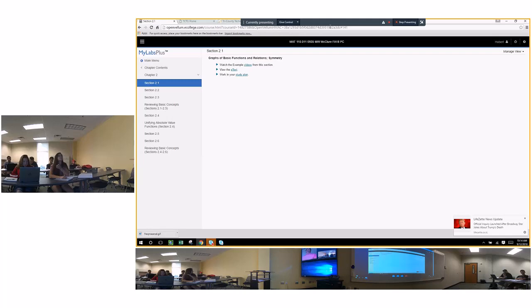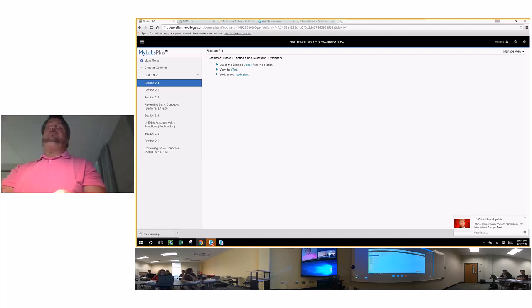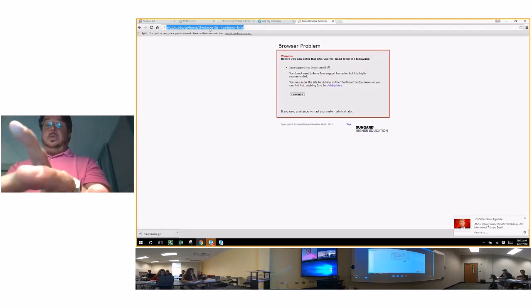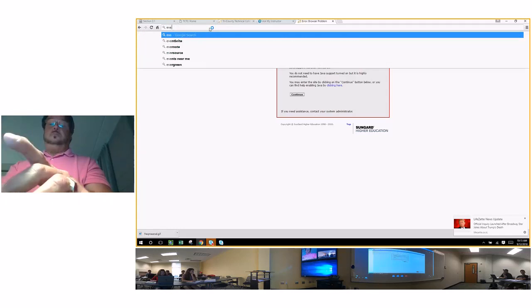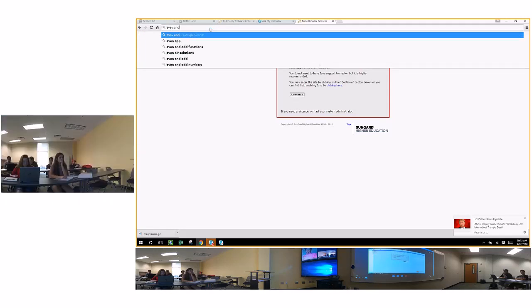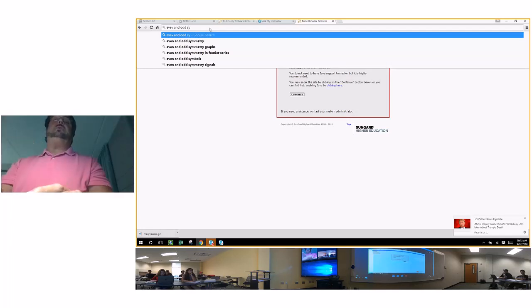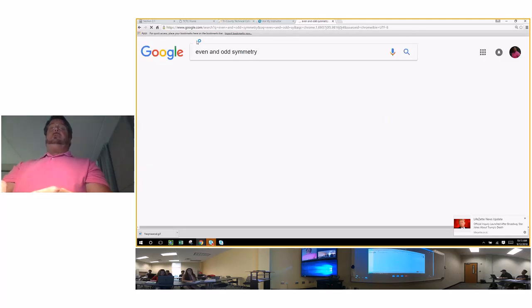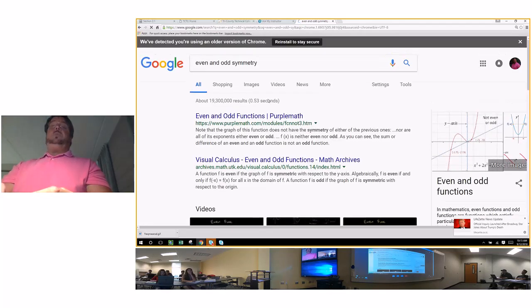Well, while that's loading, I'm just going to go over here and pull up even odd symmetry. How do you spell symmetry? There it is. Even odd symmetry. I'll just do it the Google way. Image.